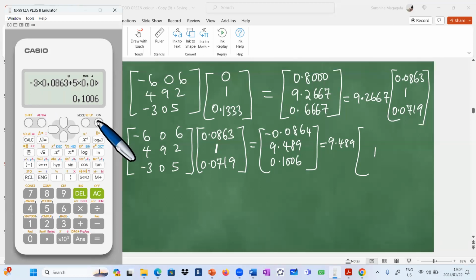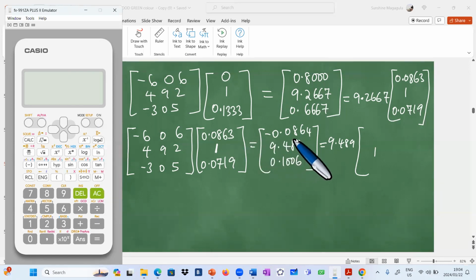Right, so if you do the division, you take the 0.1006, you divide by 9.489, like this, which is what you're going to get then, to 4 decimals, 0.0106. Okay, so that is the bottom one, and then you have a 1.